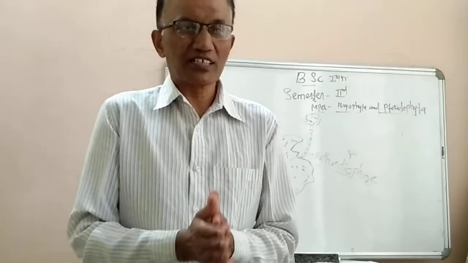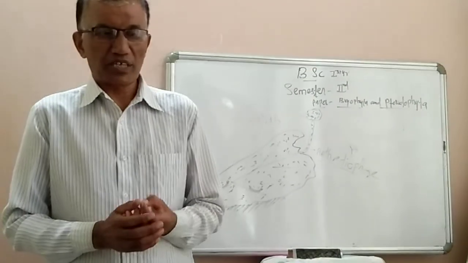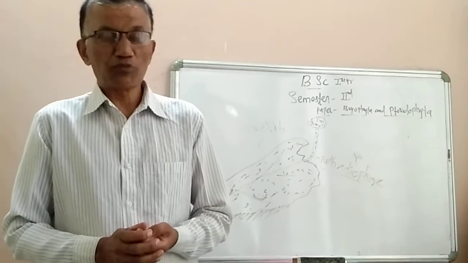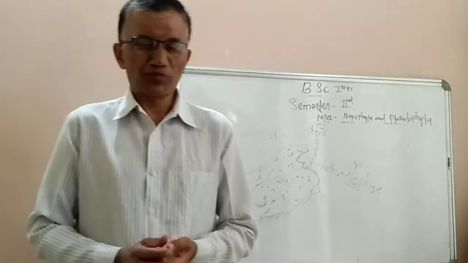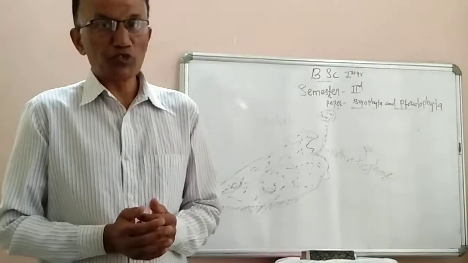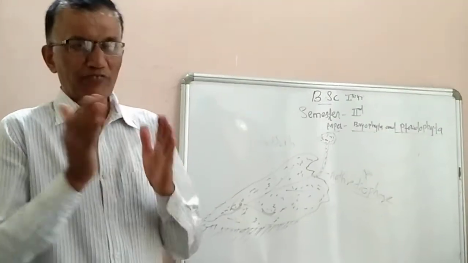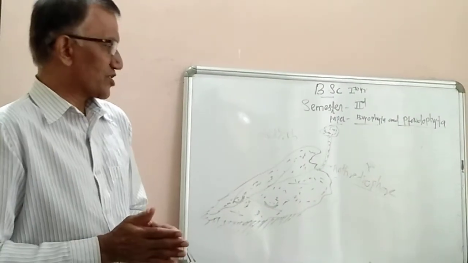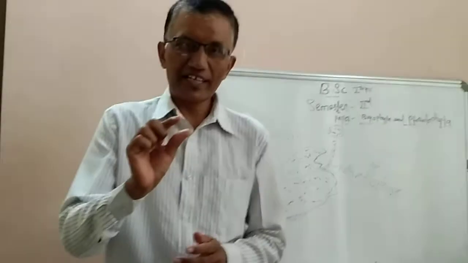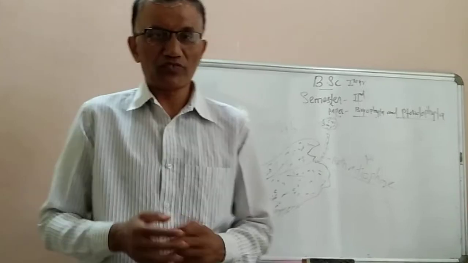You have to remember here that the alternation of generation in Marchantia is heteromorphic. The gametophytic phase is dominant and longer, and the sporophytic phase is very short and dependent on the gametophytic phase.